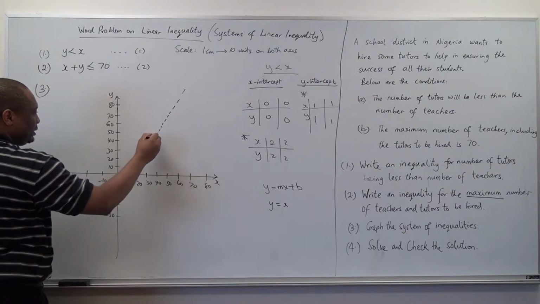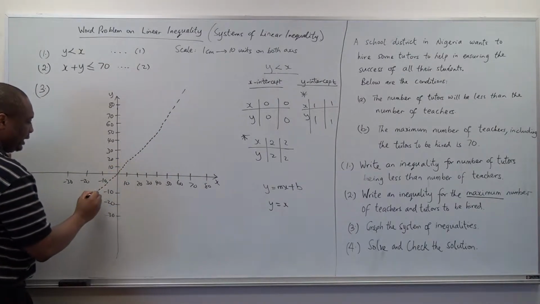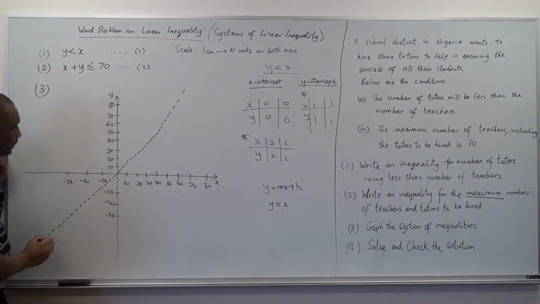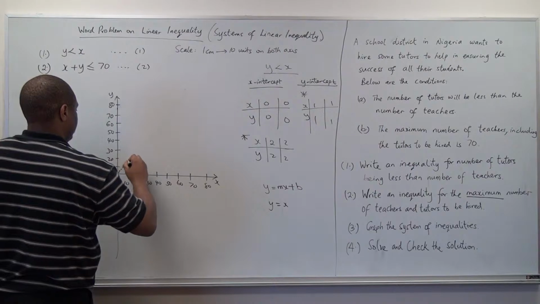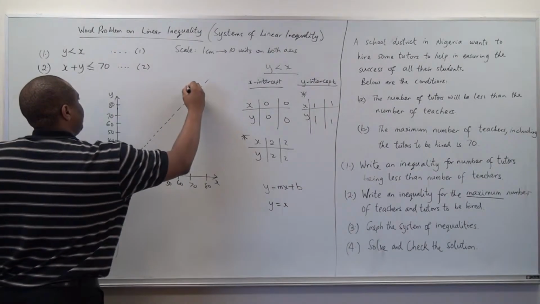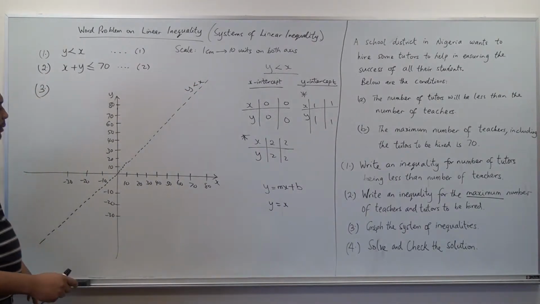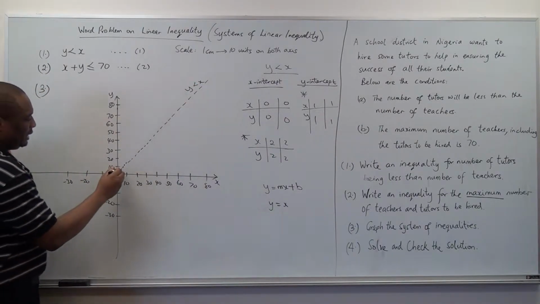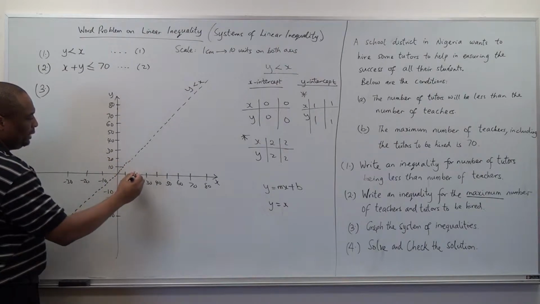So you go ahead and use a ruler, don't use freehand like I'm using, and make sure it passes through the origin, and on top of it you write y less than x. Okay, now you want it in a way such that when you draw it, 10 comes in 10, 20 will be in 20.